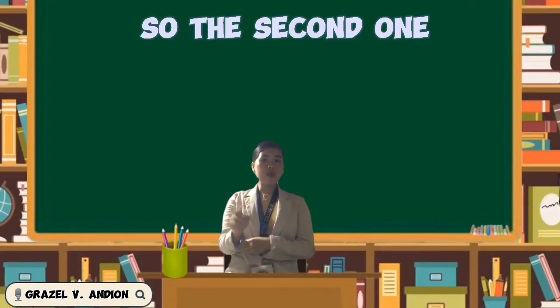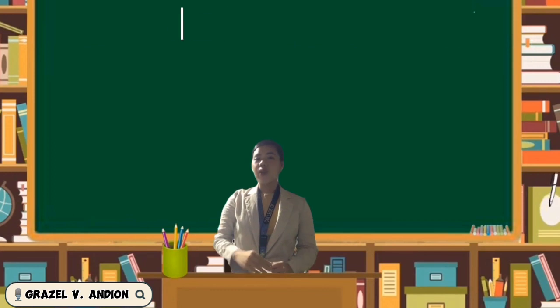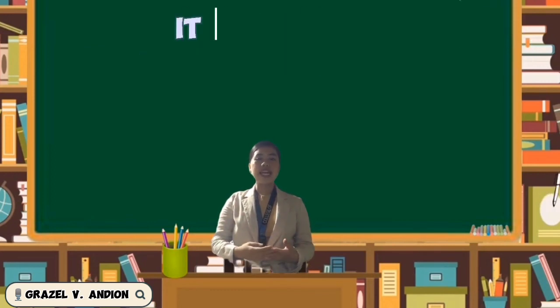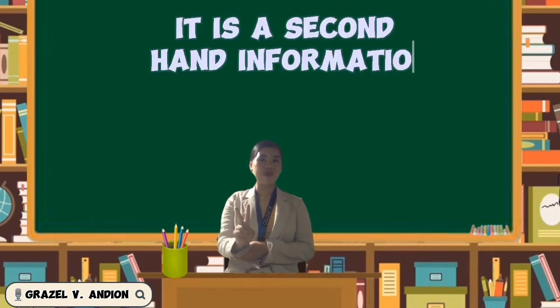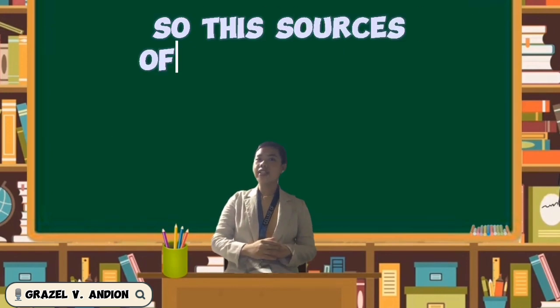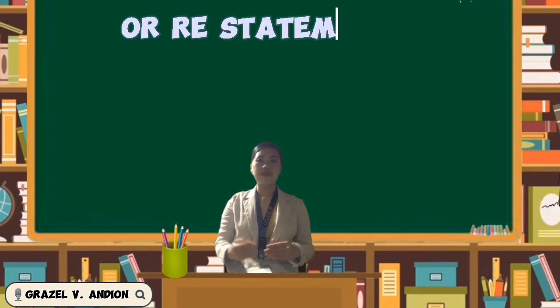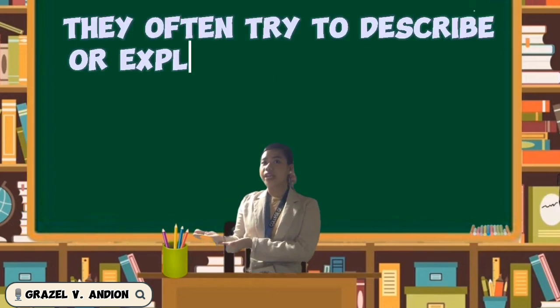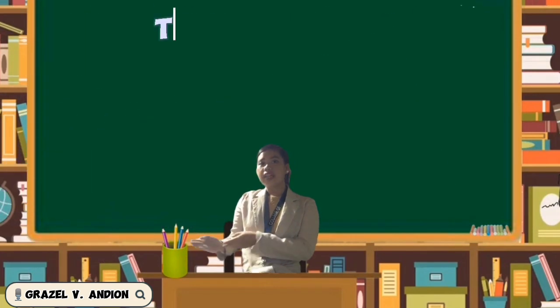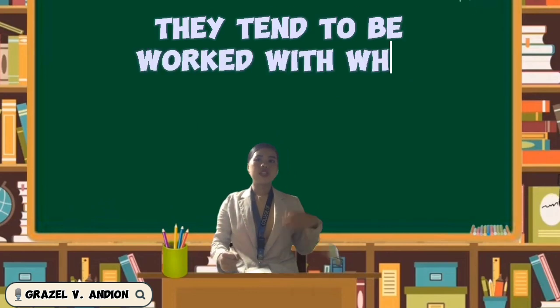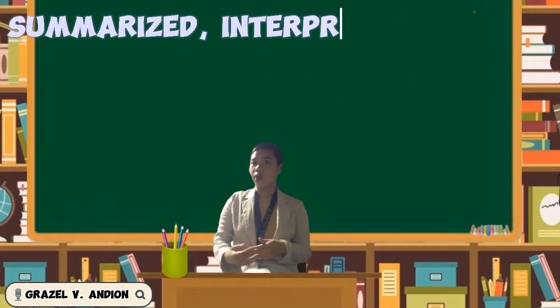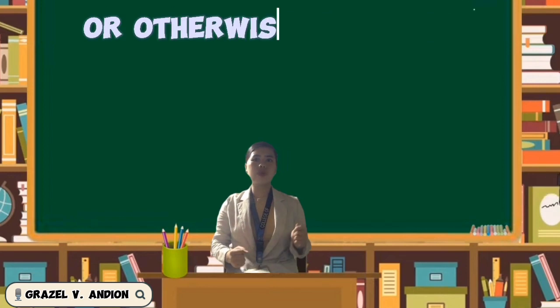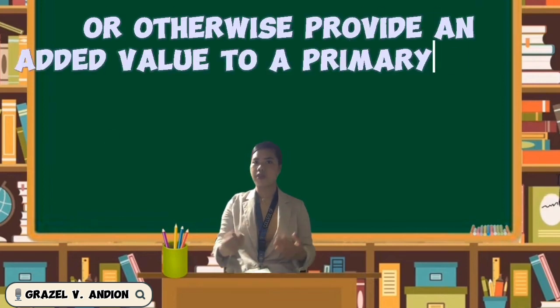So the second one will be the secondary source. We know that a secondary source is second-hand information. These sources offer an analysis or restatement of primary sources. They often try to describe or explain primary sources. They tend to be works which summarize, interpret, reorganize, or otherwise provide added value to a primary source.